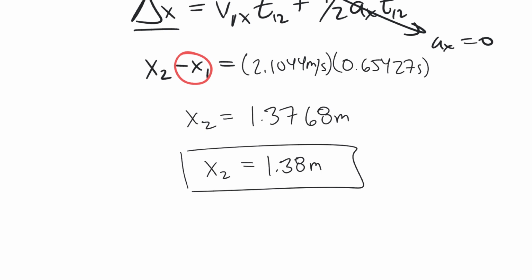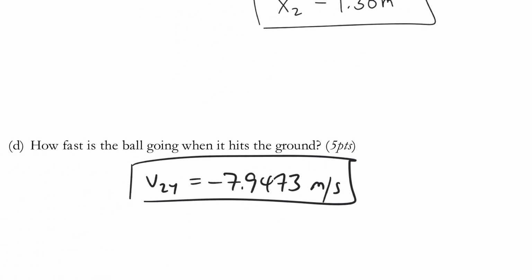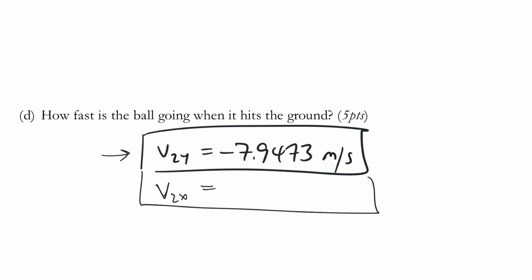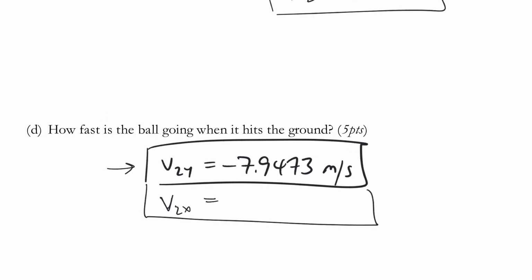Okay, cool. All right, so now we want to know how fast is the ball going when it hits the ground. So we know this. So we need to know V2x. So we can make a triangle. Okay, so we got the V1x, we got the V2x and the V2y. The V2x, which we've used here and there, is 2.1044 meters per second.